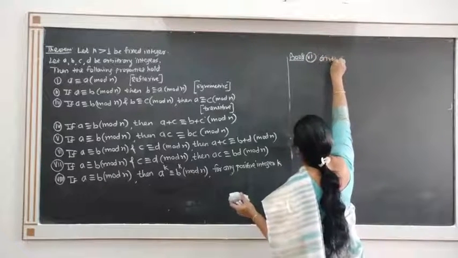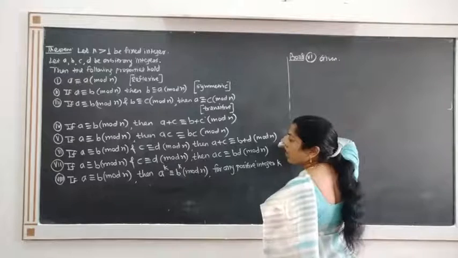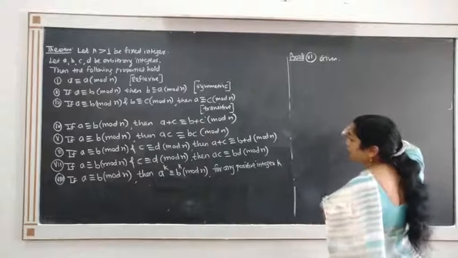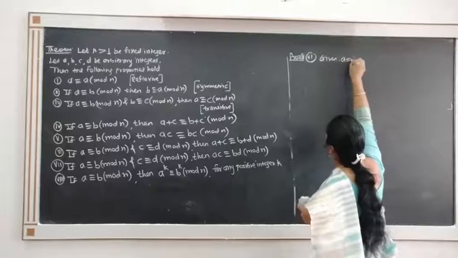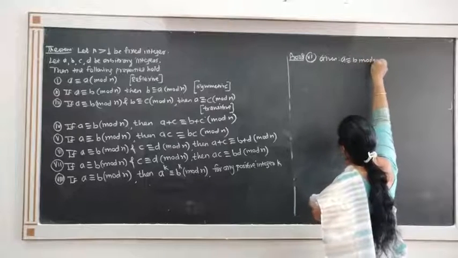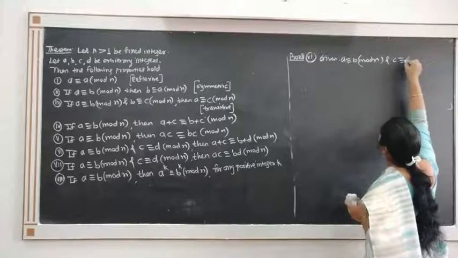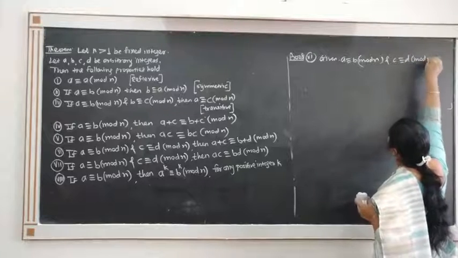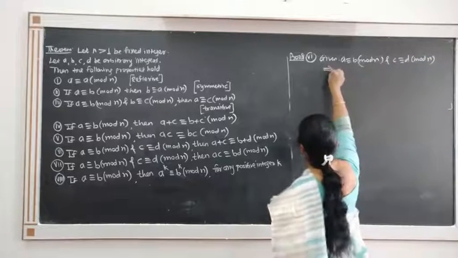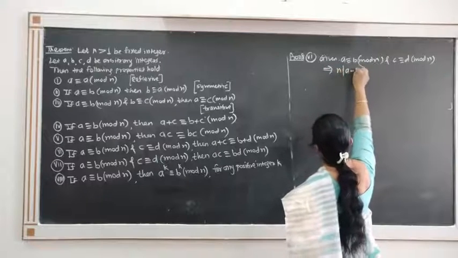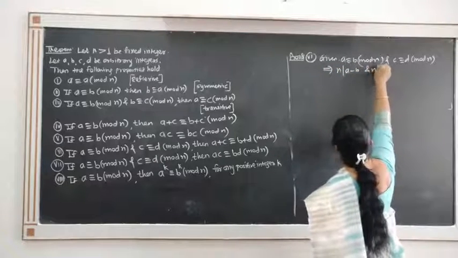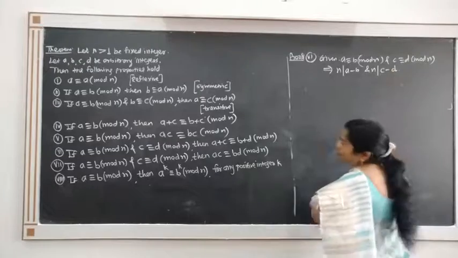It is given that a is congruent to b mod n and c is congruent to d mod n. This implies that n divides a minus b and n divides c minus d.